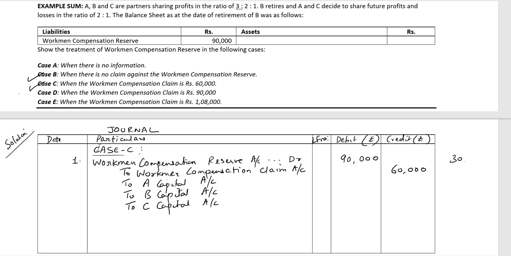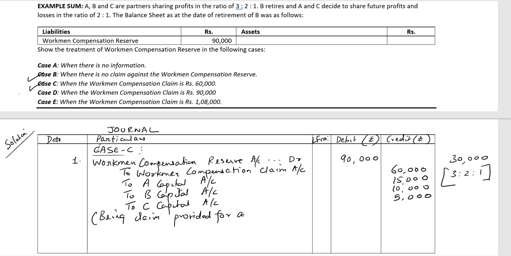The remaining 30,000 rupees to be distributed in old profit sharing ratio 3:2:1. So we have 15,000, 10,000 and 5,000, being claim provided for and balance reserve distributed.